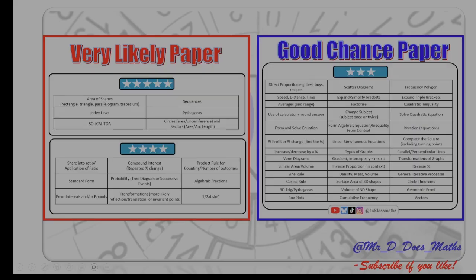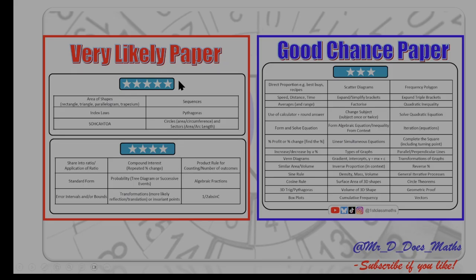First Class Maths have done an excellent job in analyzing the topics that have appeared so far, and they've produced what they're calling a 5-star, 4-star, 3-star. They've got 2-star and a 1-star, but I've ignored those for now. I've produced 2 papers. I've produced a very likely paper, based on their 4-star and 5-star topics.